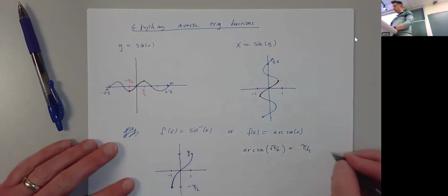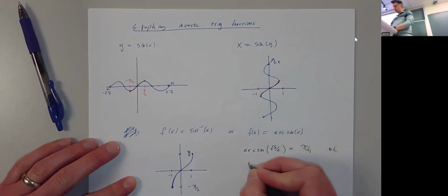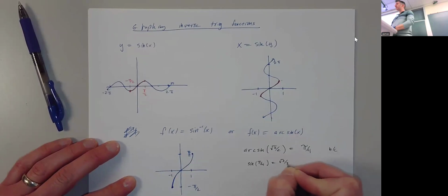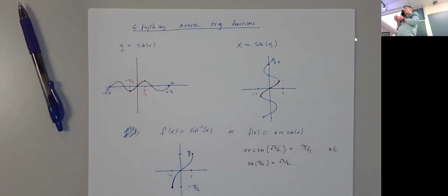And that's true because sine of pi over 4 is equal to root 2 over 2. For an inverse function, doesn't matter if it's trig specifically, the inverse functions interchange the role of the input and the output. So if sine of pi over 4 is equal to root 2 over 2, which it is, then the inverse function has to interchange the output with the input. The arc sine of root 2 over 2 has to equal pi over 4.